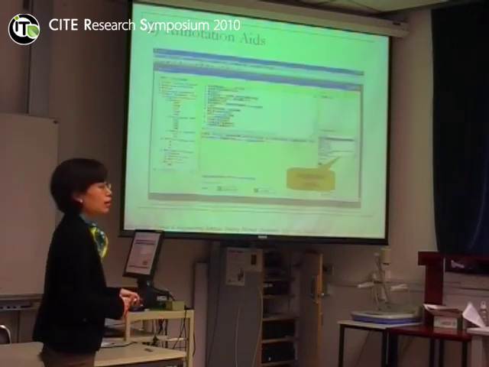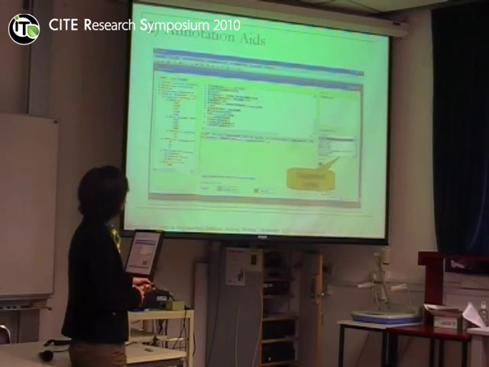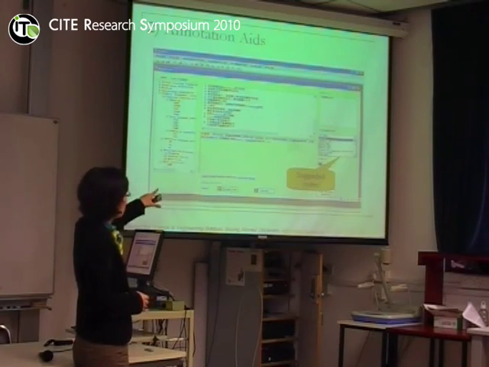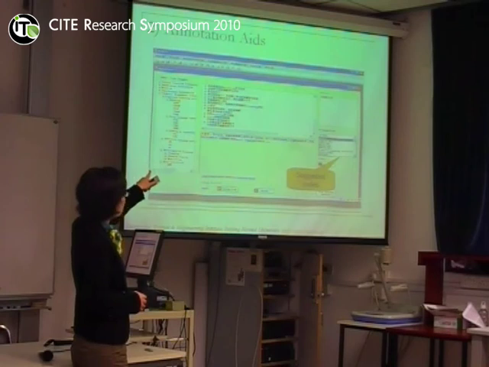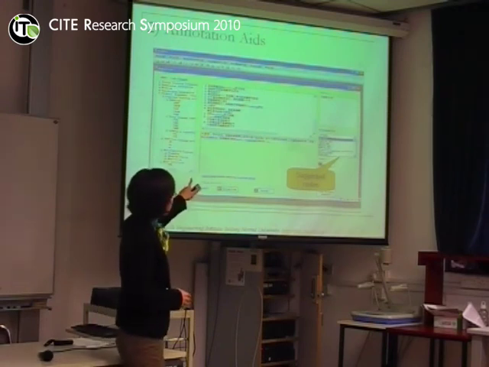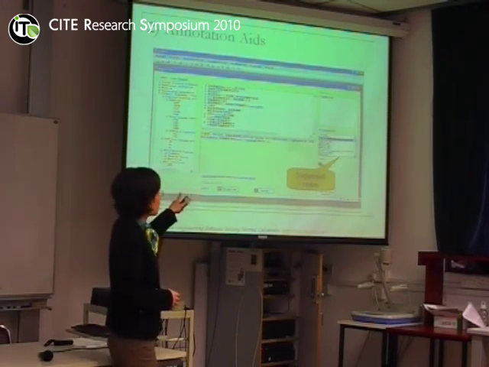And here is the snapshot of the coding annotation aids. From this, you can see in the left corner the coding scheme defined by the researchers or the teachers. And in the upper middle of the interface are the original scripts of the students, and the text marked with blue is the coding results.